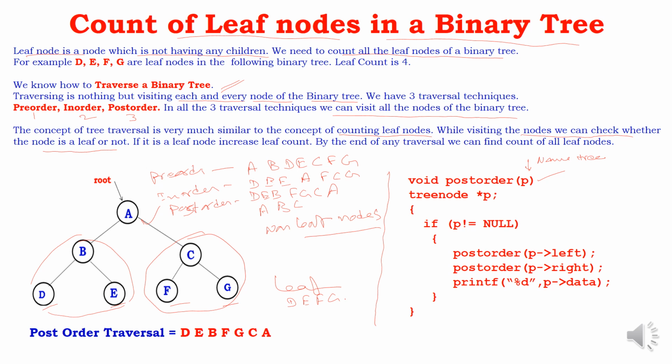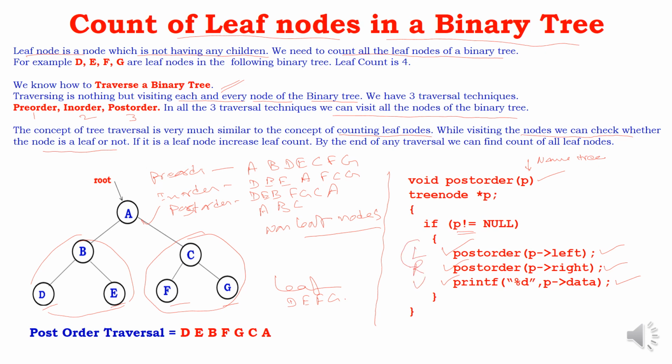To traverse a non-empty binary tree, if P is not null, traverse the left subtree, postorder(P left), traverse the right subtree, postorder(P right), then visit the root node, printf P data. That means traverse the left subtree in post-order, traverse the right subtree in post-order, then visit the root node, that is L R V.